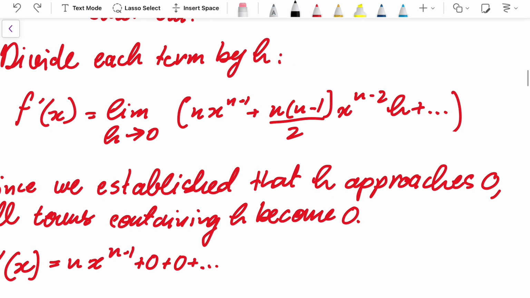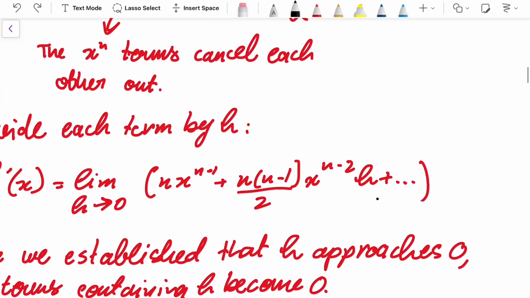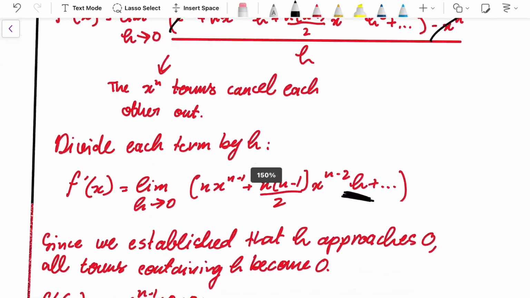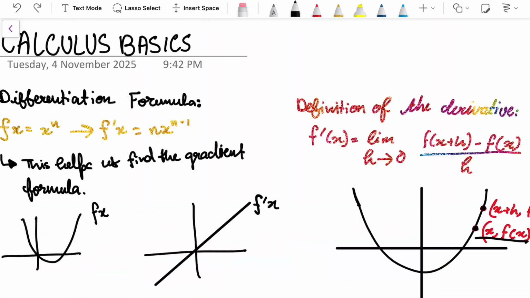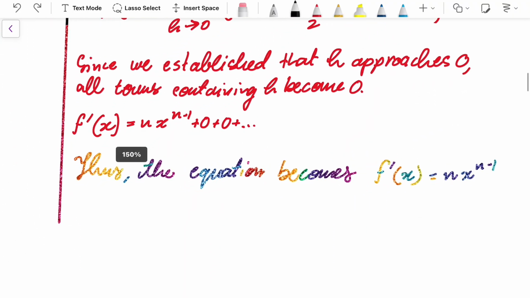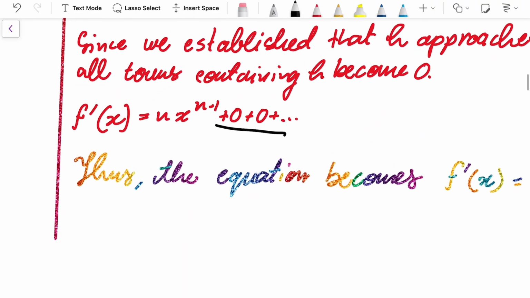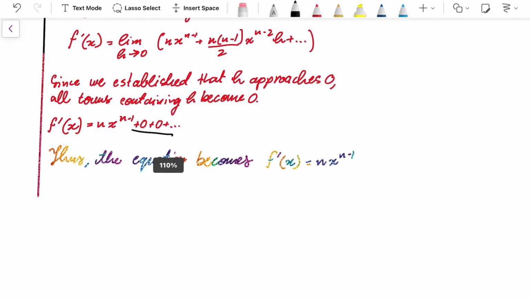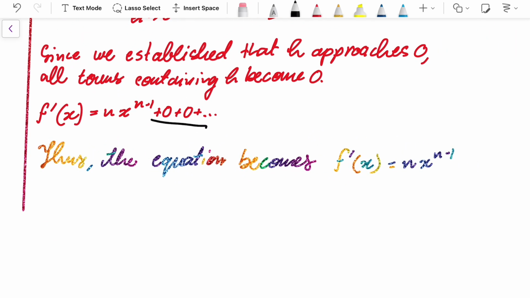Since h multiplies each term from here on, all of the other terms after this have h in them, so since you're multiplying by 0, all of those terms become 0. And that's why the equation becomes f dash x is equal to n x to the n minus 1. And that is why this proof is really cool.